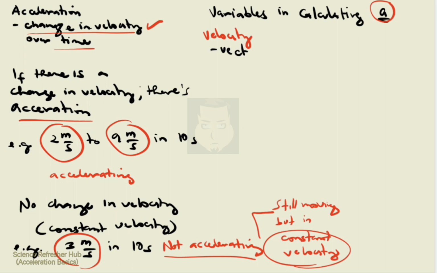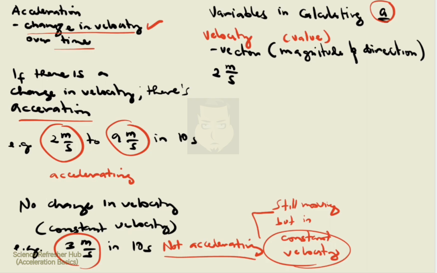Velocity is a vector, meaning to say it needs magnitude and direction. Magnitude in physics, it's just another term for value. Let's say 2 meter per second. This is going to be the magnitude.